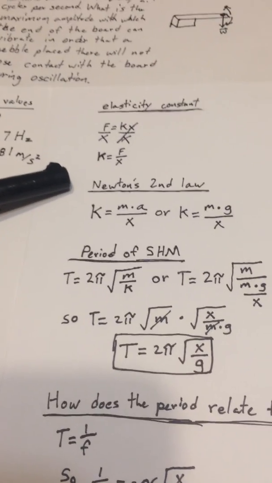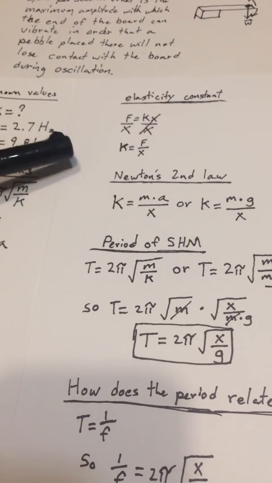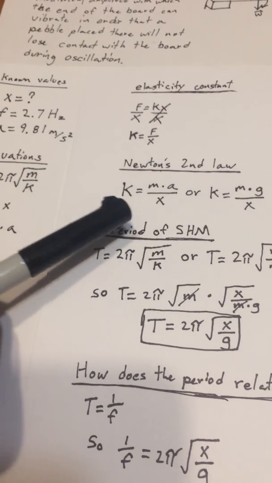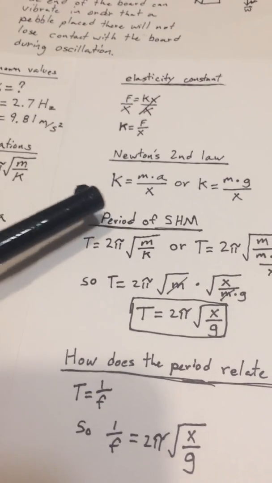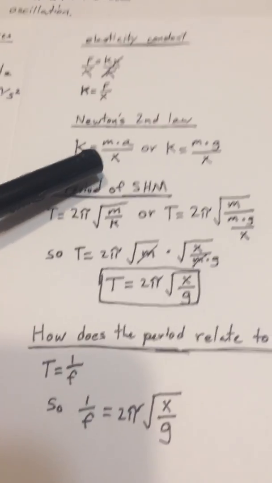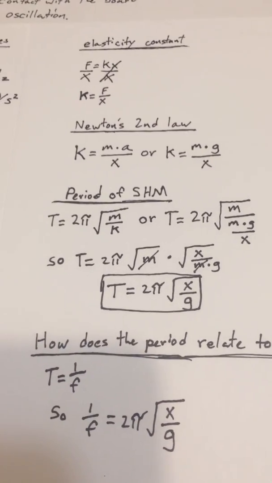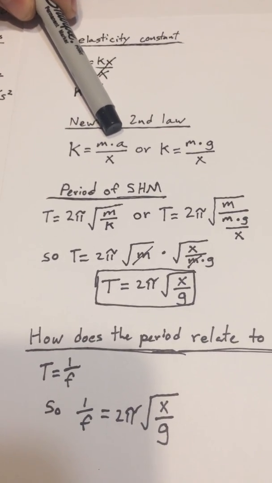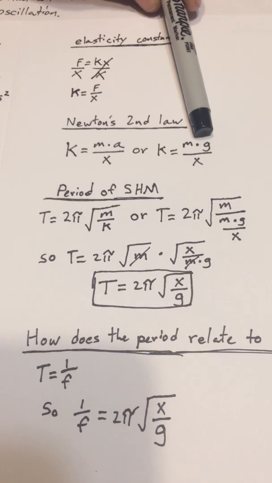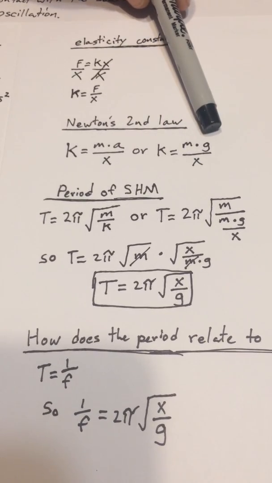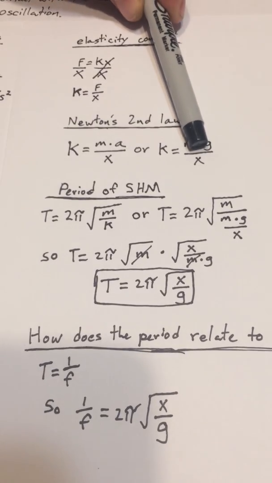Then I used Newton's second law to solve for force, which in relation to k is simply mass times the acceleration of the system over x, or displacement. And we know that the acceleration of the system is equivalent to the acceleration due to gravity. So we can say that k is equivalent to mass times acceleration due to gravity divided by the amplitude.